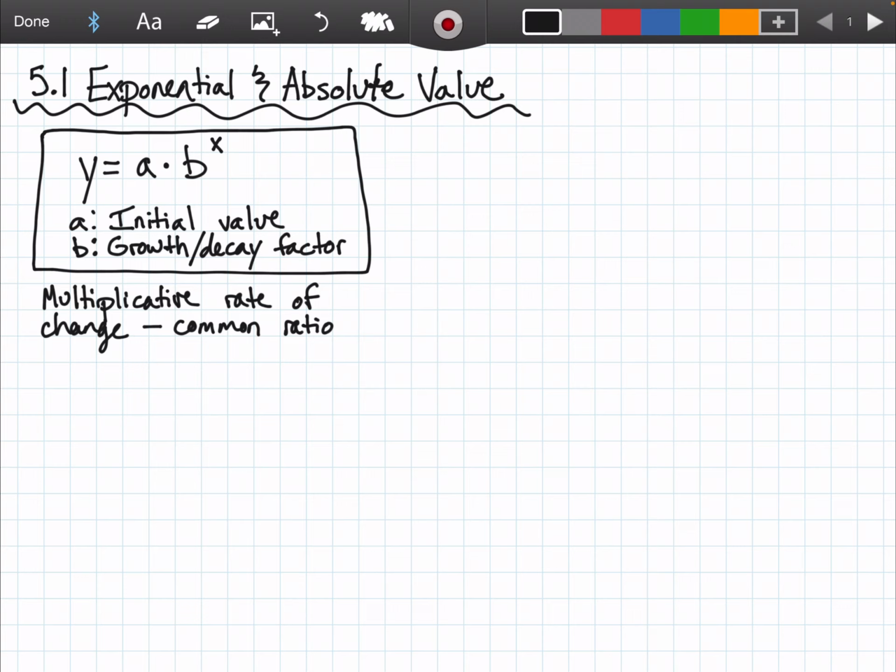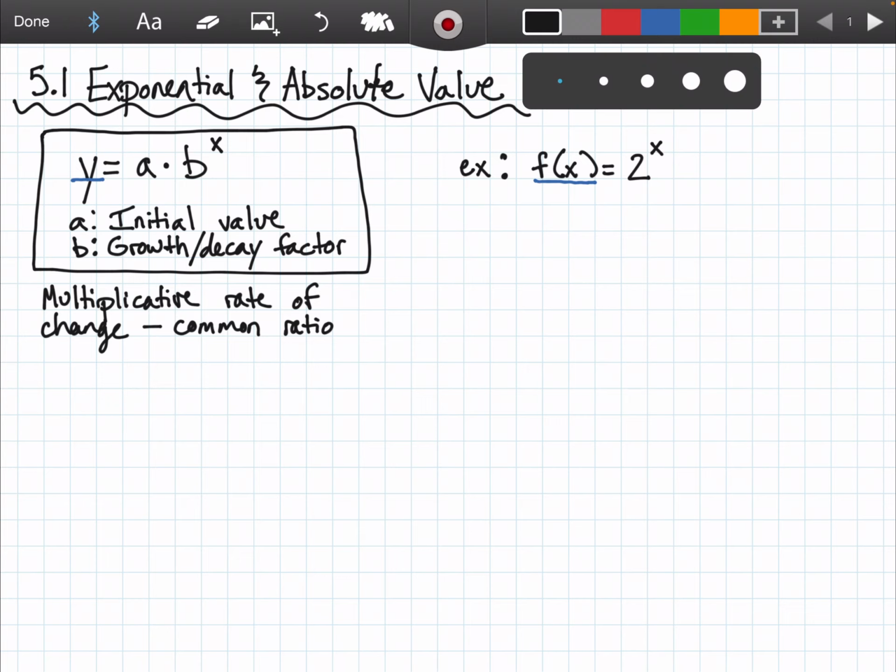So, for some examples for you, let's say I have f of x equals 2 to the x. Also, just a reminder, f of x is just function notation, same thing as saying y.